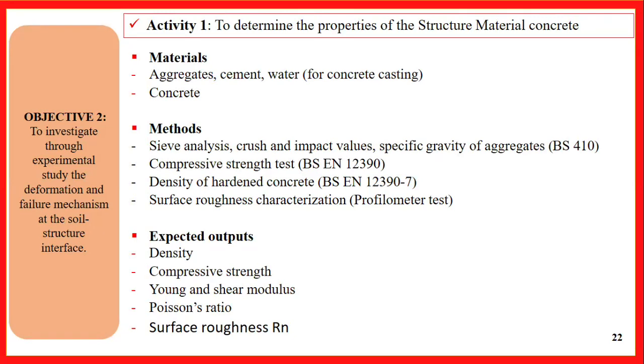For the first activity of objective 2, we will determine the mechanical properties of the concrete. We expect to have at the end the density, the compressive strength, Young's and shear modulus, Poisson's ratio, and surface roughness.